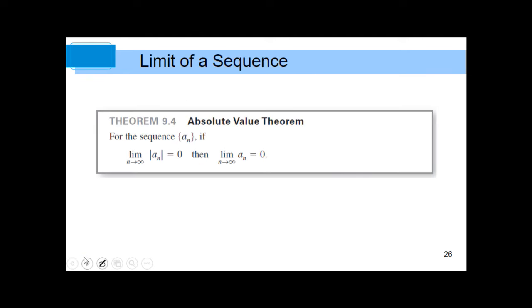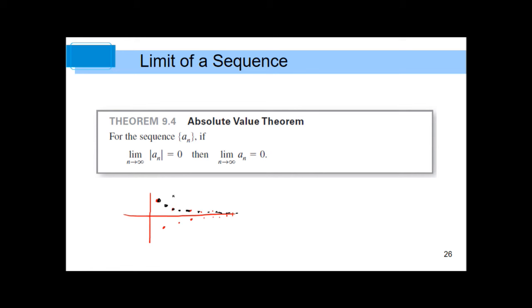Okay, so what we mean by this is, for example, if we have some sequence that is oscillating positive, negative, positive, negative, positive, negative, but the absolute value of that sequence, which would look something like this, would just be all positive versions of those values.